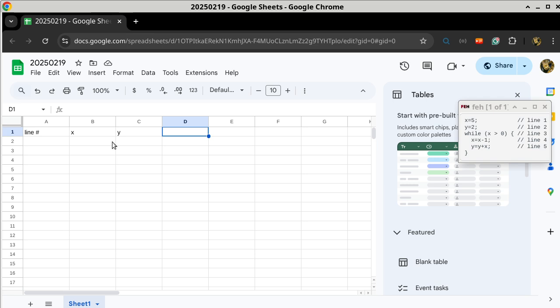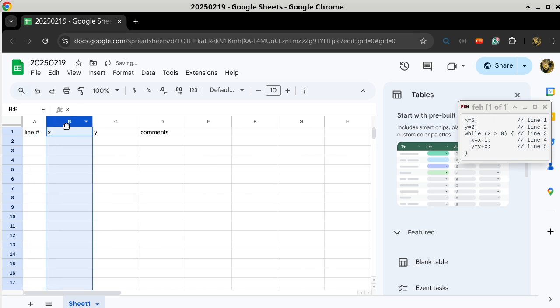As long as they are both here and you are using those columns consistently, you're fine. And then we have comments, okay, which is actually pretty important in this particular trace. And by the way, the recorder is on, so just in case you want to focus more on the actual tracing instead of trying to copy everything right now. Okay, so I'm gonna shrink the columns a little bit here.